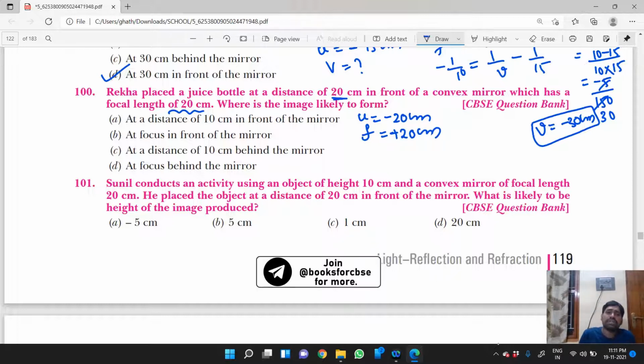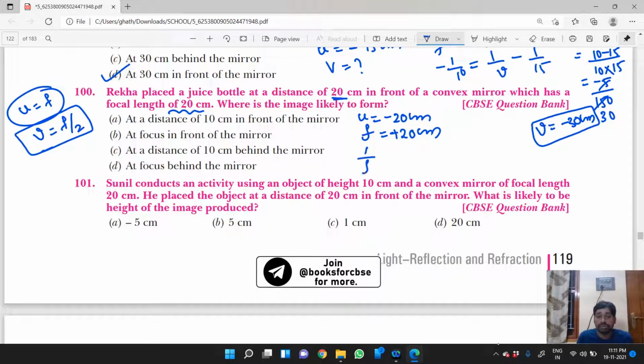You can fundamentally remember: if object distance and focal length are the same, then the image distance is half of the focal length, and that too a virtual image. Otherwise I will show you with calculation. 1 by f is equal to 1 by v plus 1 by u. So 1 by 20 is equal to 1 by v minus 1 by 20.